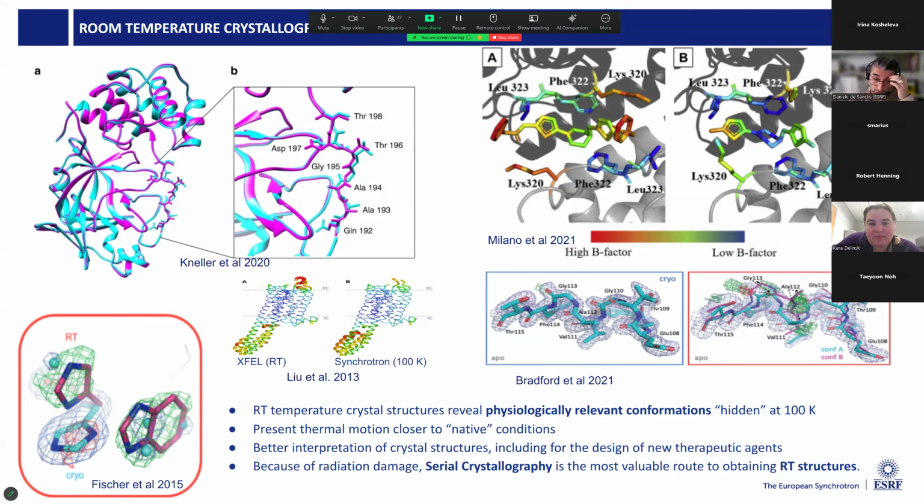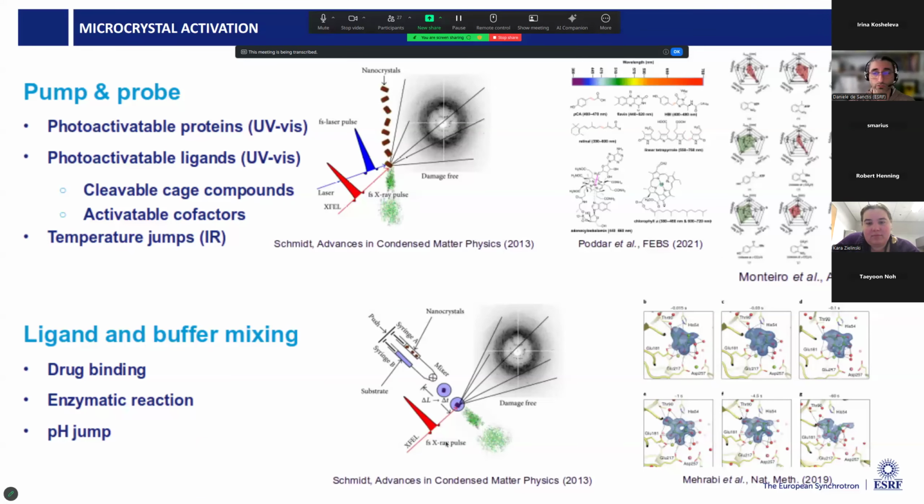Of course, because of the nature of radiation damage, serial crystallography is a good approach to overcome radiation damage issues and reveal the structure at room temperature.